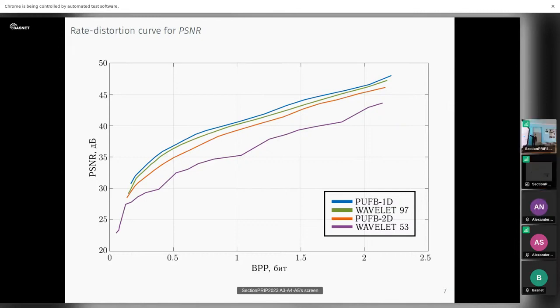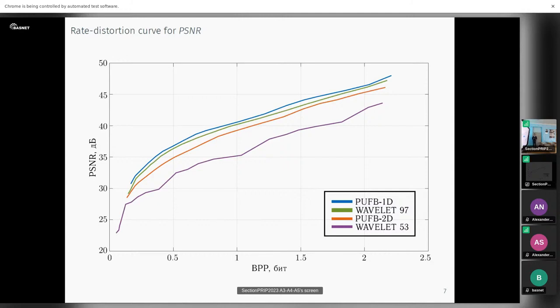And fourth, just for comparison, wavelet 5/3.